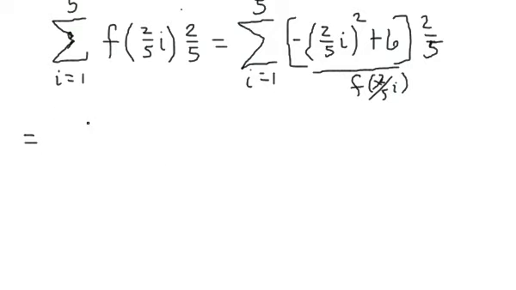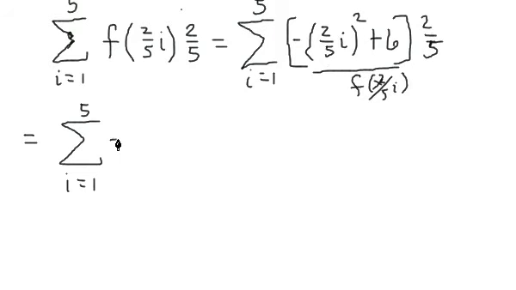So I guess I should write equal sign here. The sum from i equals 1 to 5, and I'm going to distribute this 2/5 across each one of these here.